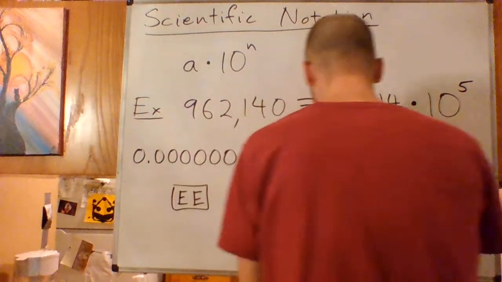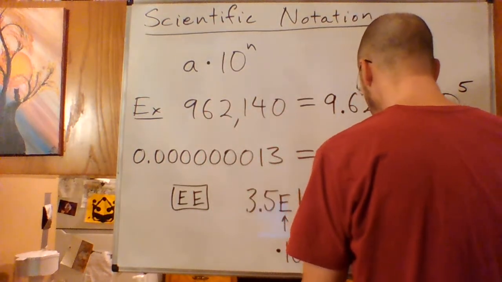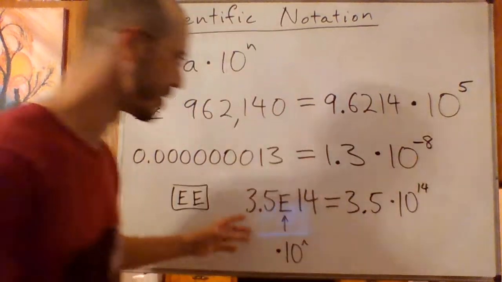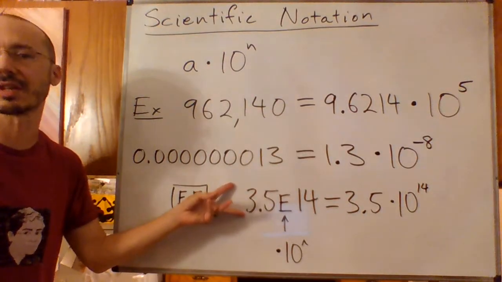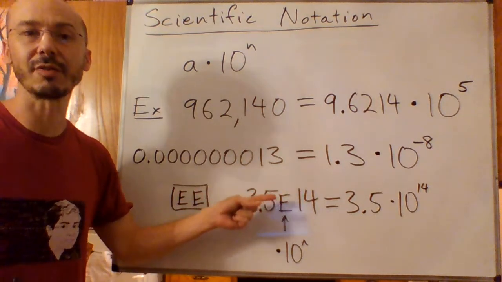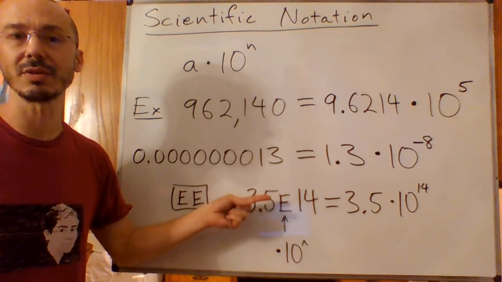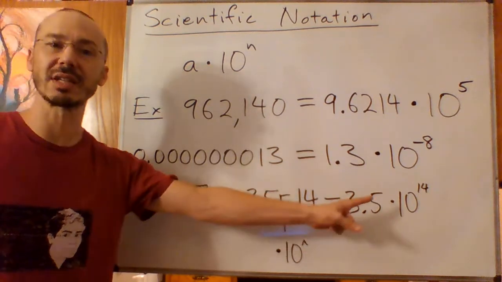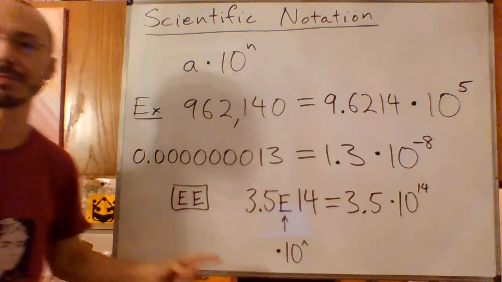So what this means is 3.5 times 10 to the 14th in this case. If your calculator gave this as the display, for example. The display uses the capital E for exponential notation. The exponent is 14. The base is always 10 for scientific notation.